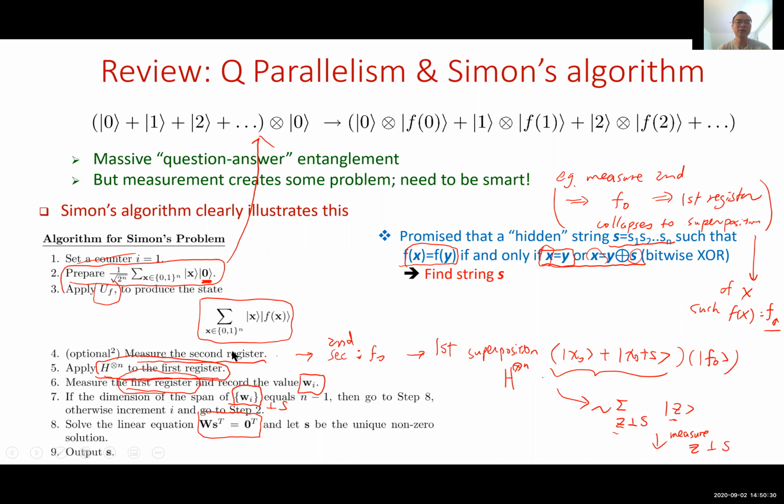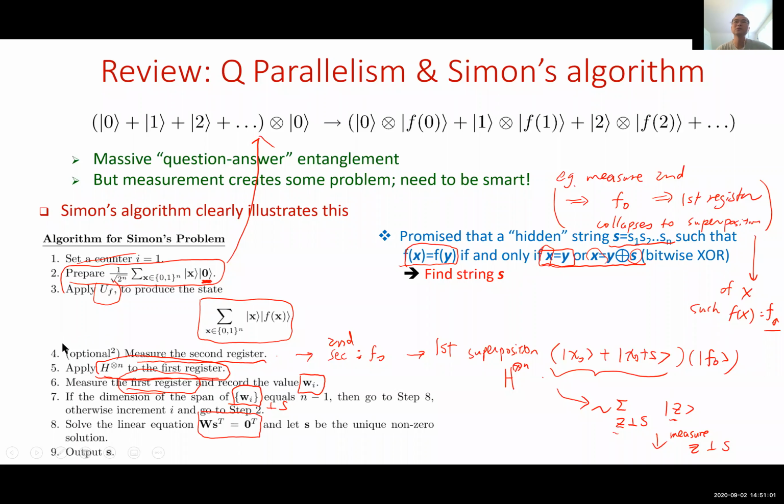Here, we measure the second register first. This is useful in terms of thinking, but in fact, you can skip this because the later Hadamard gate and measuring the first register would automatically pick up some WI. But this is also useful in terms of explaining how it works. If you don't understand this comment, this is fine.